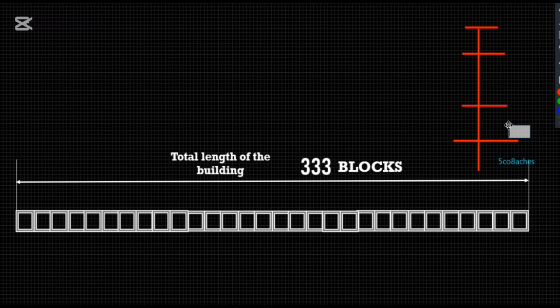Many people use 4 courses or 3 courses as the case may be. In the window itself, you have 5 courses. Then above the lintel, you have 3 courses. So if you add up everything, you know the number of courses you have in the building. And this is not very difficult to do.